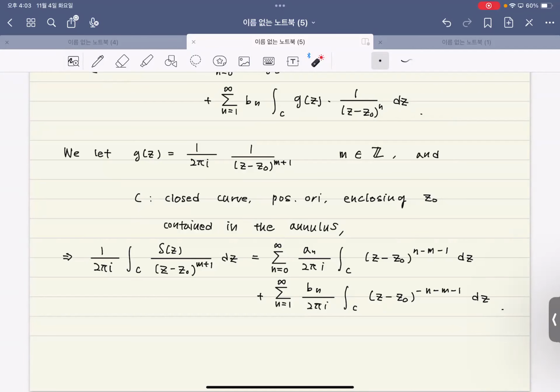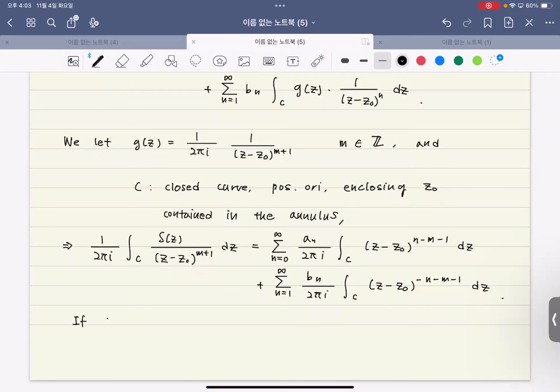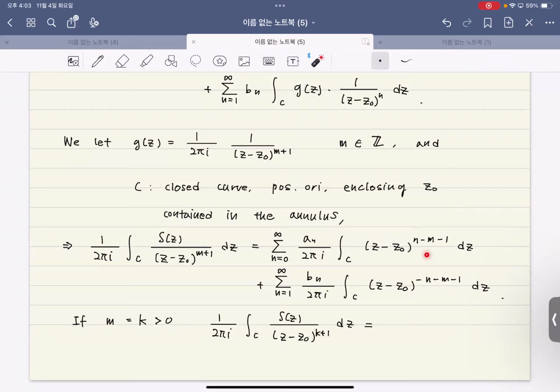So if m equals k, which is positive, then 1 over 2 pi i times the integral of f(z) over (z minus z0) to the k plus 1, the only non-zero term happens when n equals precisely k here, right?